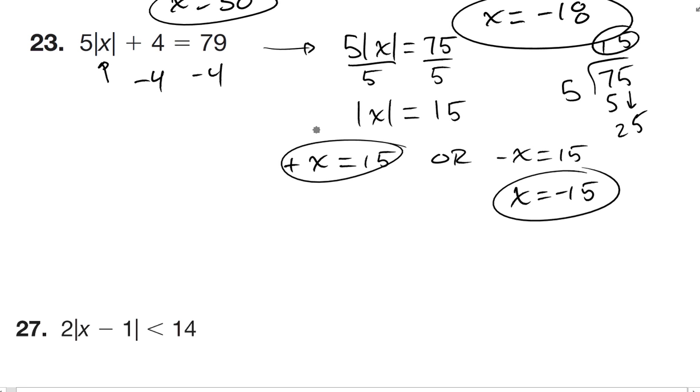X is either positive 15 or x is -15. And if I look at my original equation, either case, the -15 is positive 15, positive 15 is positive 15. So it's 15 times 5, which is 75. 75 plus 4 is 79. So both the negative and positive check.